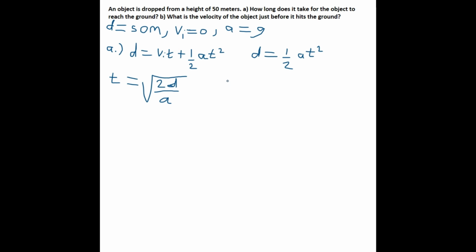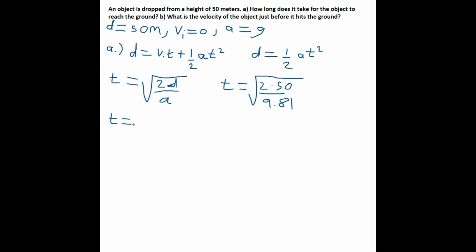If we plug in the values that we have, taking the positive value for acceleration so that we can do the square root, we're left with the time is equal to 2 times 50 all over 9.81, the square root of that.